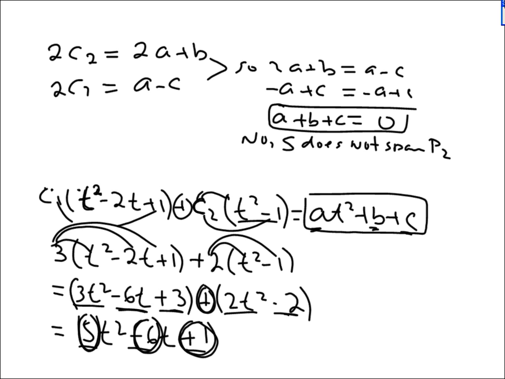Because I was only able to get polynomials of degree 2 or less where the coefficients add up to 0. Once you get a constraint on a, b, and c, like a must equal c, or a plus b plus c must equal 0, or a equals b plus c, and whatever b and c add up to, that's what a has to be, no, it won't be in the span. That set does not span the space.